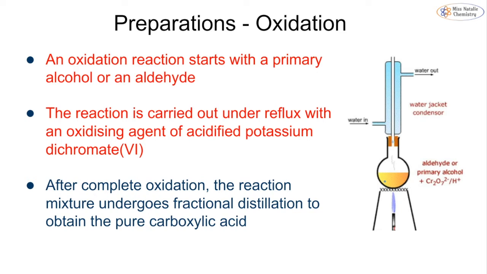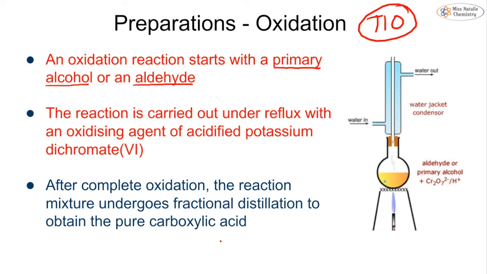So let's just pivot and look at how we actually make these carboxylic acids. We've seen some of these reactions before, particularly back in topic 10 when we looked at the alcohols. So we can have a preparation of a carboxylic acid by oxidizing either a primary alcohol or an aldehyde.